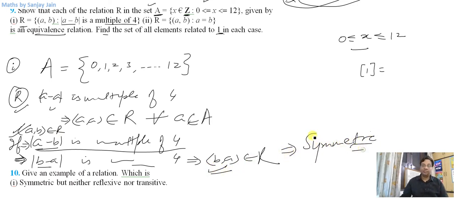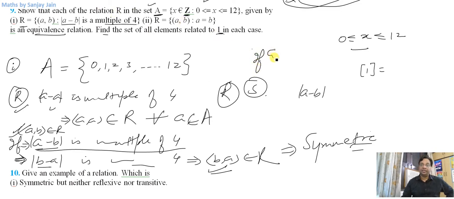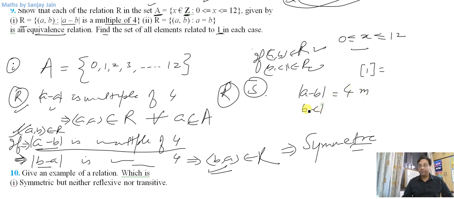So I have shown you two things: it is reflexive and it is symmetric. Now what about it being transitive? I am assuming (A, B) belongs to R and (B, C) belongs to R. So A minus B mod will be an integral multiple of 4, and similarly B minus C will be some multiple of 4.